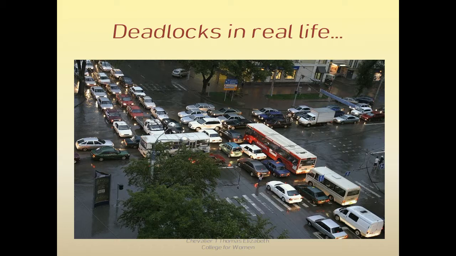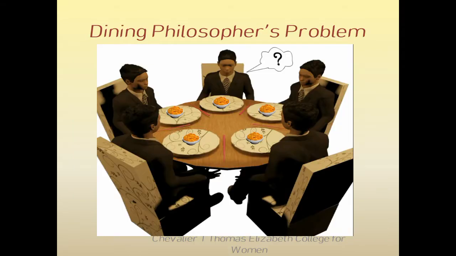Let us now consider the dining philosophers problem, which illustrates the deadlock situation. Here we have 5 philosophers sitting around a dining table. 5 bowls of noodles are placed before them along with 5 chopsticks. The philosopher does only 2 things.